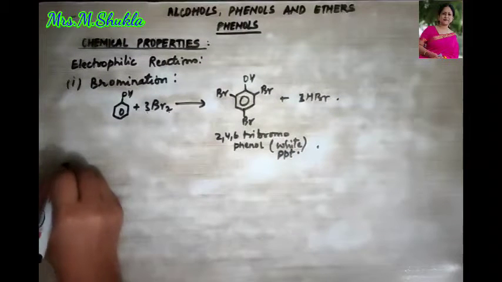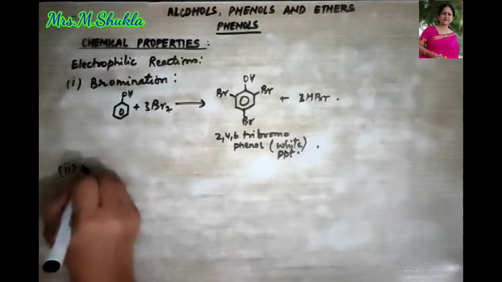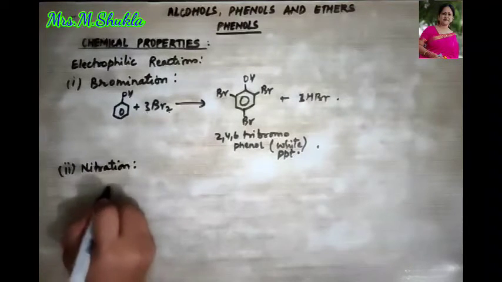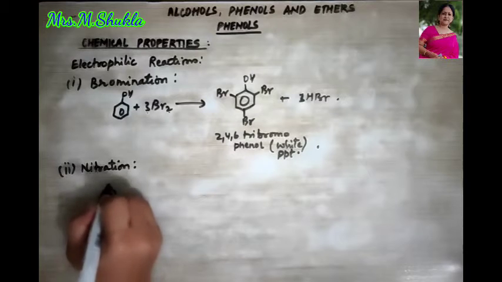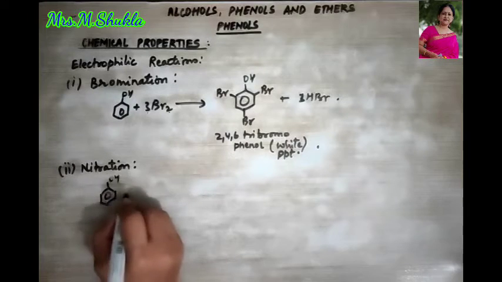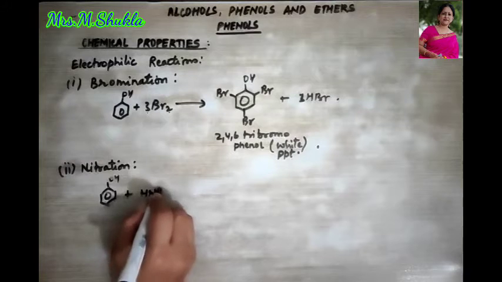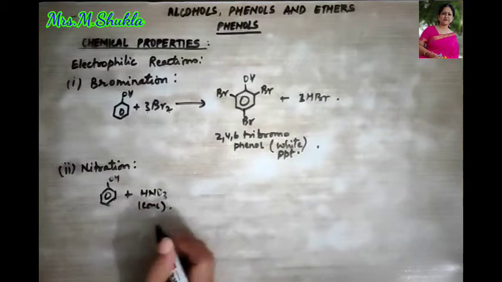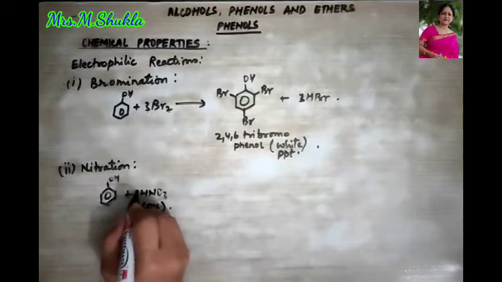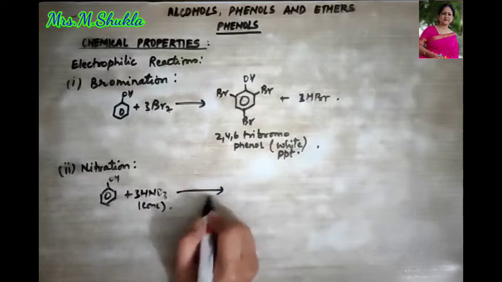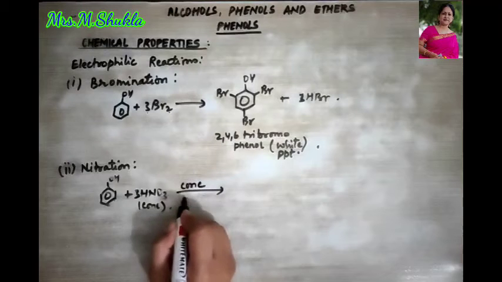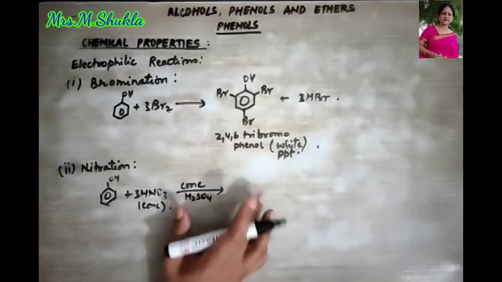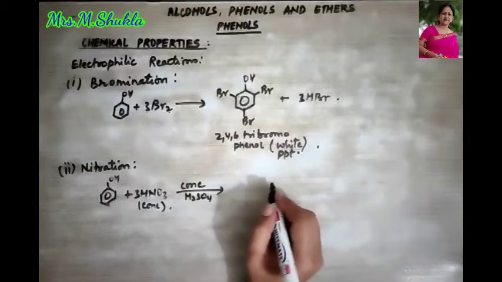Now let's talk about nitration. Phenol, when treated with concentrated HNO3, 3 molecules of it, in the presence of concentrated H2SO4, is going to give you picric acid. Now what is picric acid?